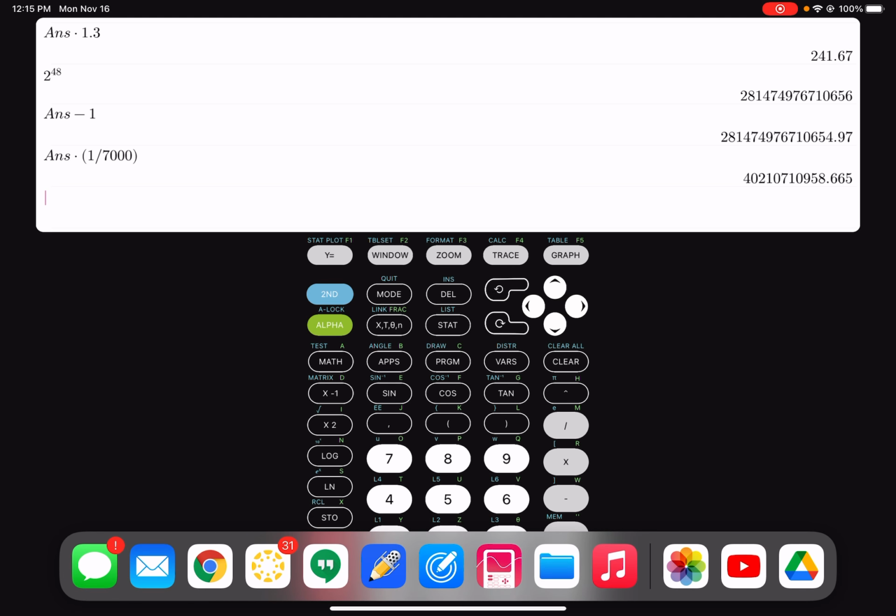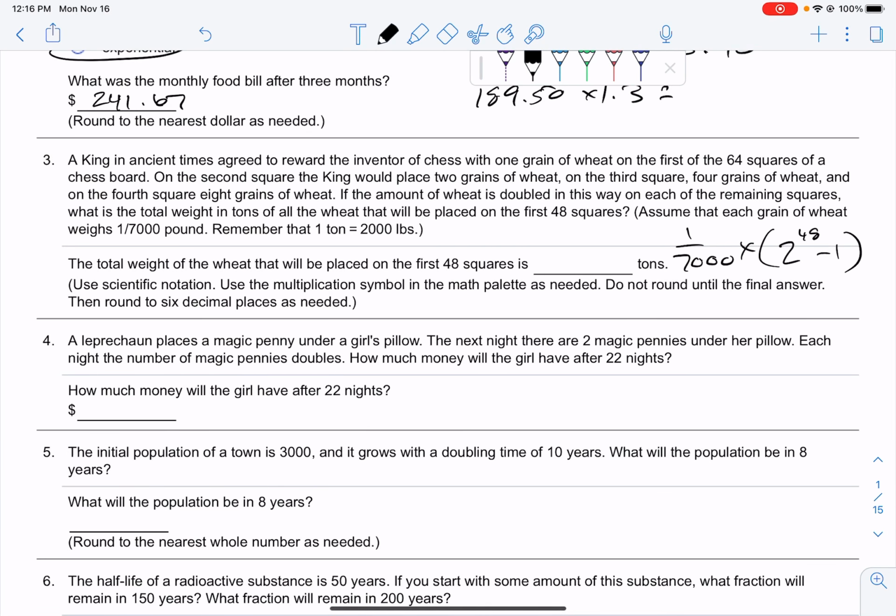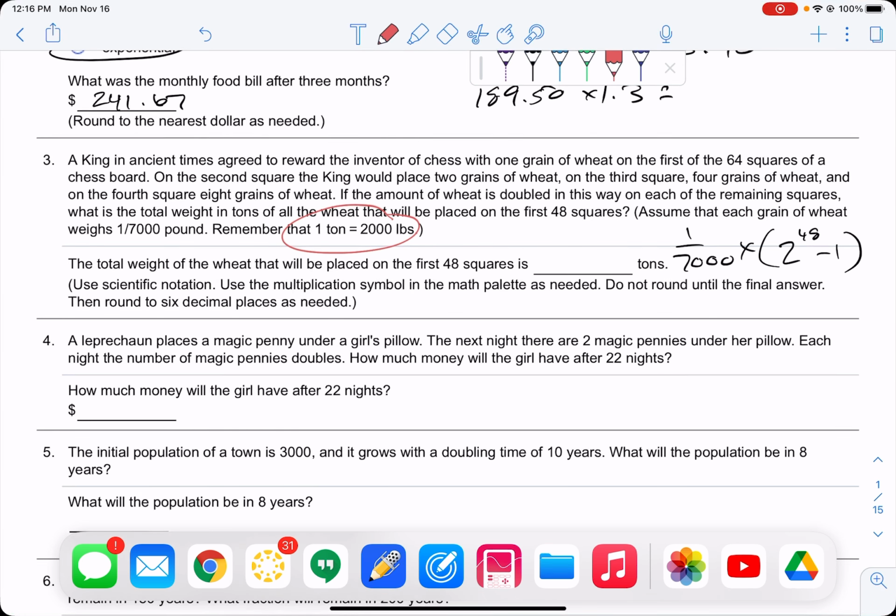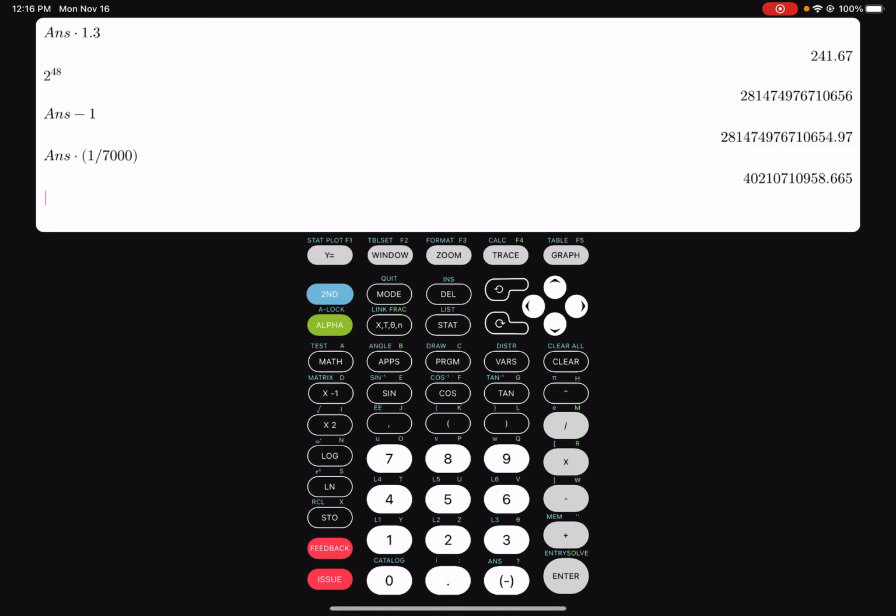But it doesn't want it in pounds. It wants it in, what does it want this in? Tons. So 1 ton equals 2,000 pounds, right? Right here, 1 ton is 2,000 pounds. So if this is my number of pounds, if I divide that by the 2,000, it's going to give me tons.